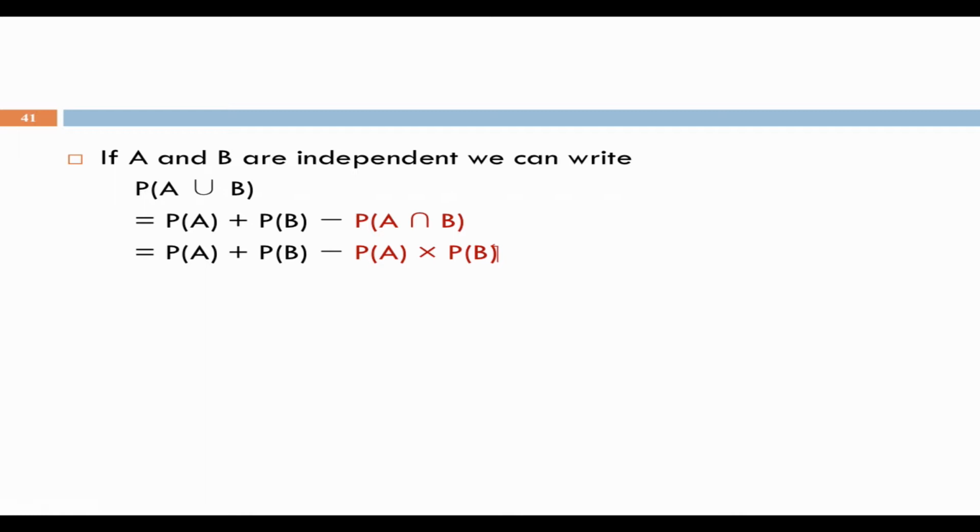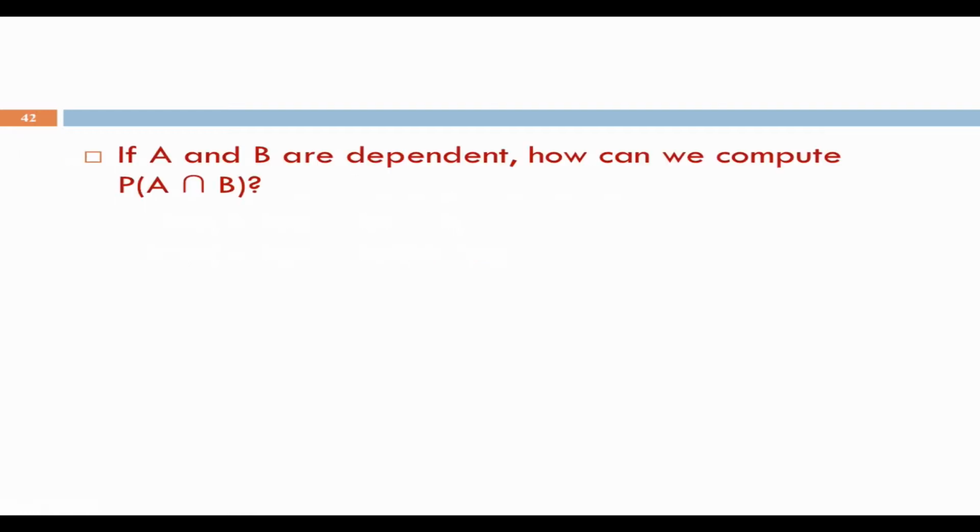So we have gone over this. When A and B are independent, the probability of their union is the sum of their probabilities minus the product of their probabilities. But when A and B are dependent, how do we compute the probability of A intersect B?